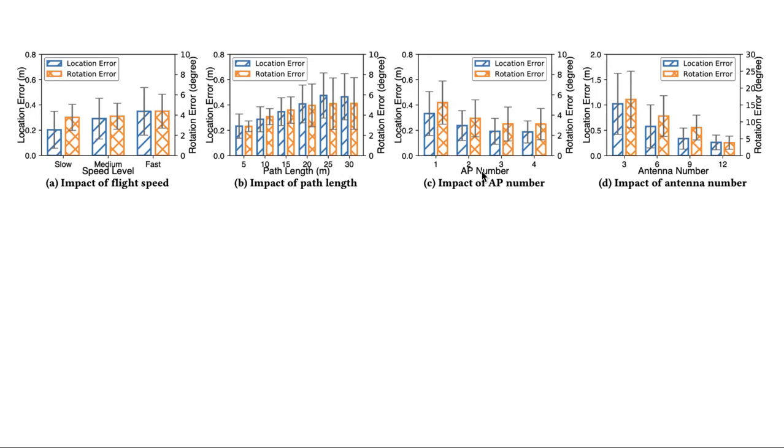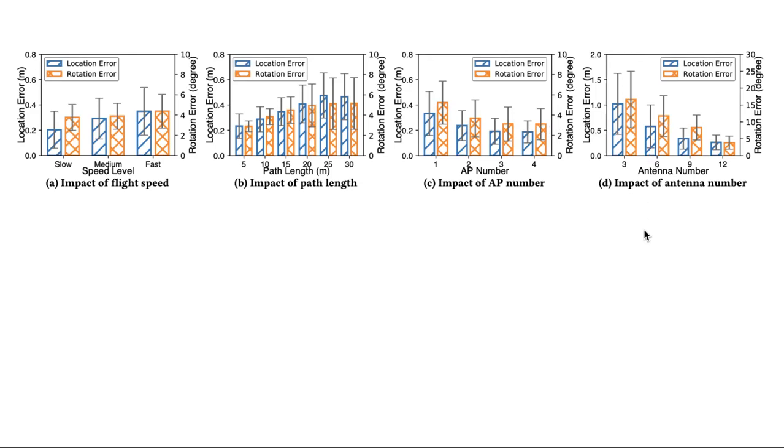Similarly for access points, if we increase the number of access points, we can further reduce the location errors from an average of 0.33 down to around 0.2 meters. And for rotation, we can reduce it from 5-something degrees to around 3 degrees.